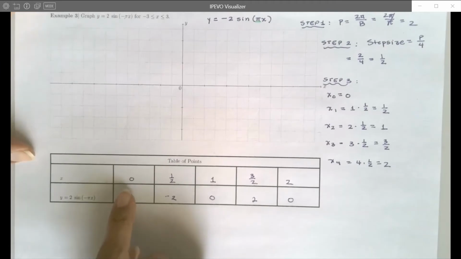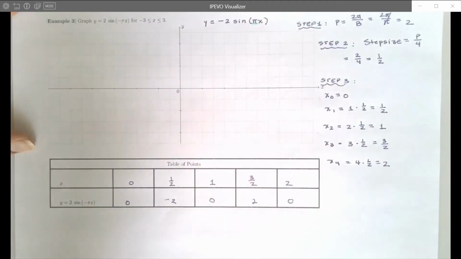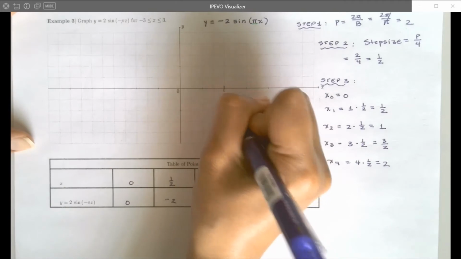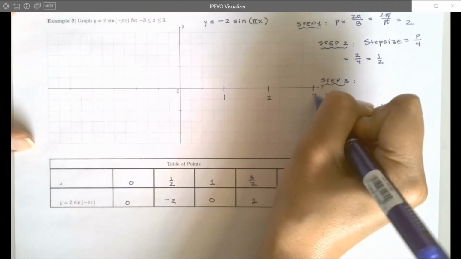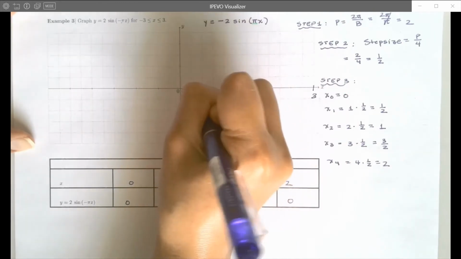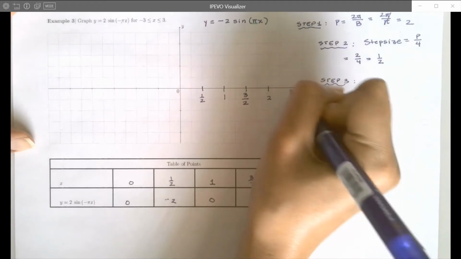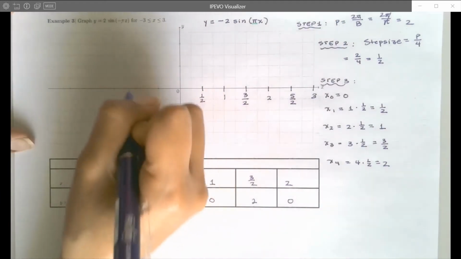We need to make sure that we have all the way up to 3. So let's see, and that we can draw all of the half intervals. So if we make this 1, this would be 2, and then we would have 3 here at the end. Then this would be 1/2, 3/2, and 5/2. And same thing going in the negative direction.